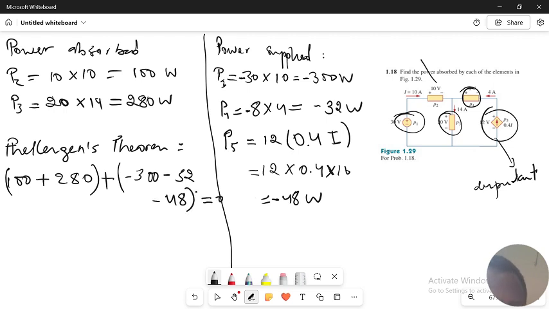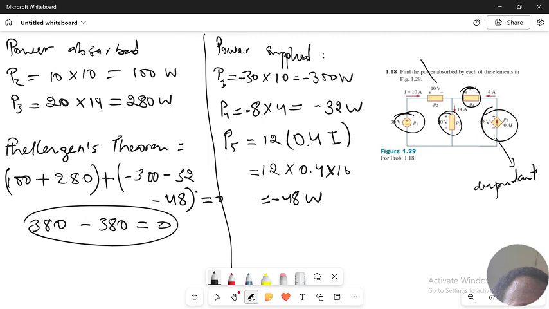It has to equal 0. Let's check. 100 plus 280 is 380, minus 300, minus 32, minus 48 is minus 380. So 380 minus 380 equals 0. That means it is verified.